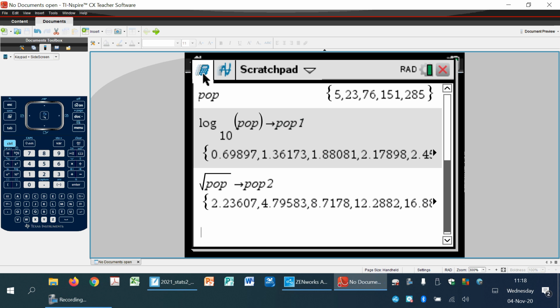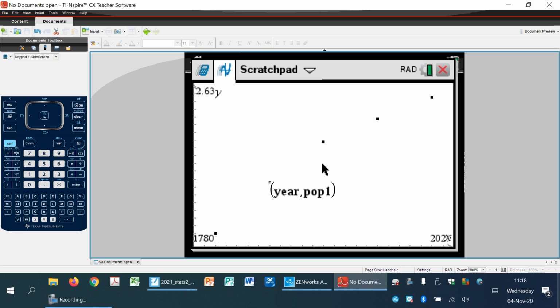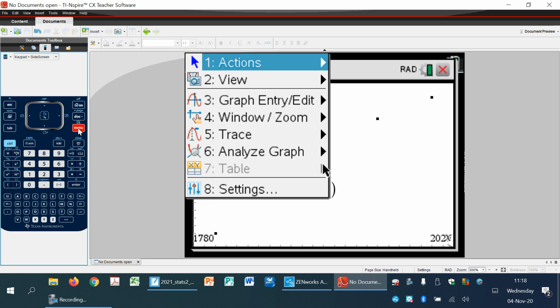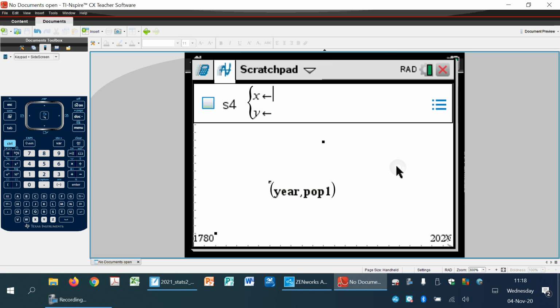Let's try to take the square root. This time I stored it under pop 2. Going back in so we can go into our scatter plots. Again, it's still year, but now it is going to be pop 2.